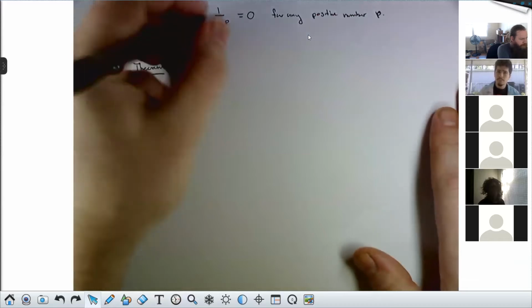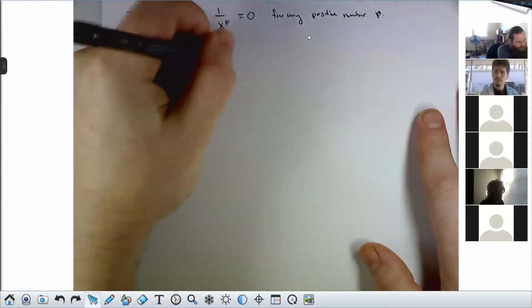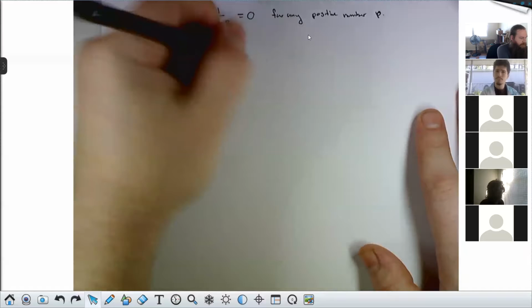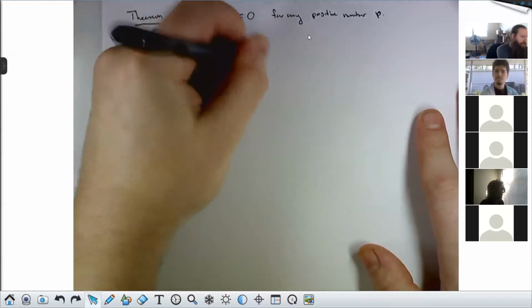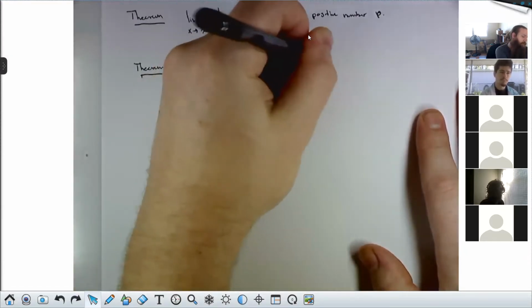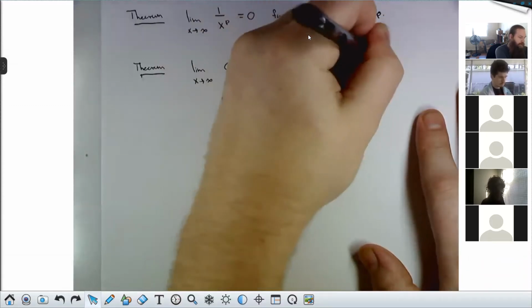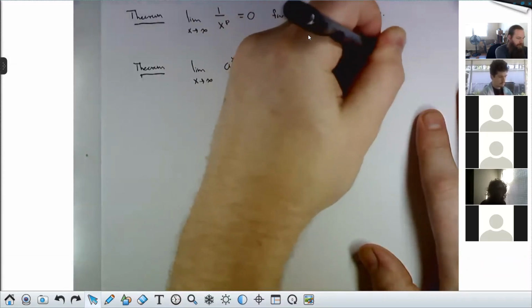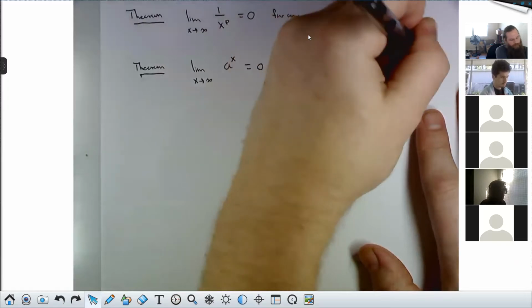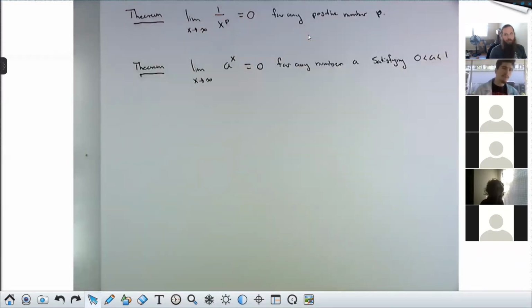The next one I wanted to show you is, how do I say this? The limit of a to the x as x goes to infinity will be 0 for any number a satisfying 0 is less than a is less than 1.